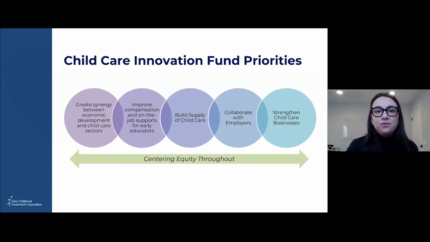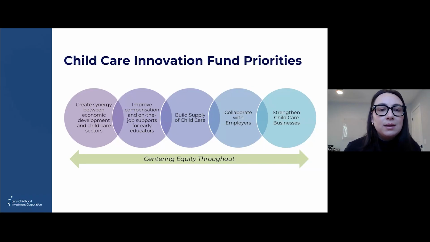The Child Care Innovation Fund focuses on funding initiatives that work toward five funding outcomes and priorities. The first is to create synergy between economic development and childcare sectors, which we will be talking a lot about today with the Regional Coalition Project.